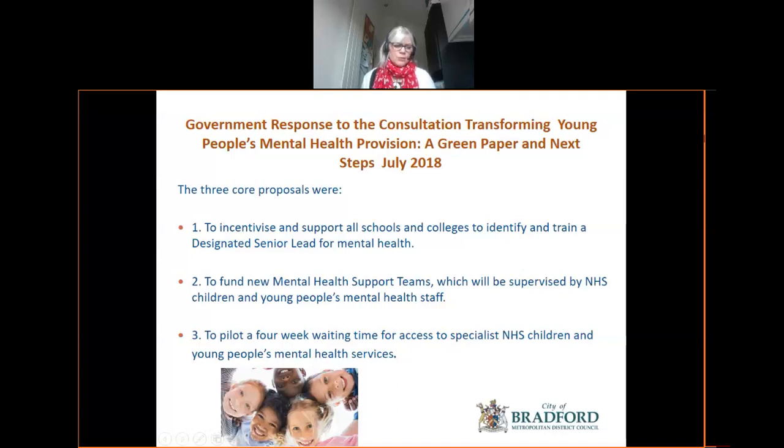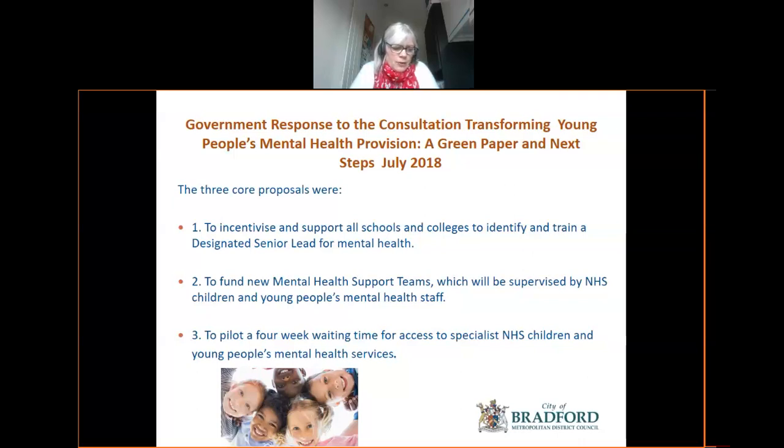Another document is the Green Paper Transforming Children and Young People's Mental Health Provision. This document has now moved on to the more recent government response to the consultation Transforming Young People's Mental Health Provision.